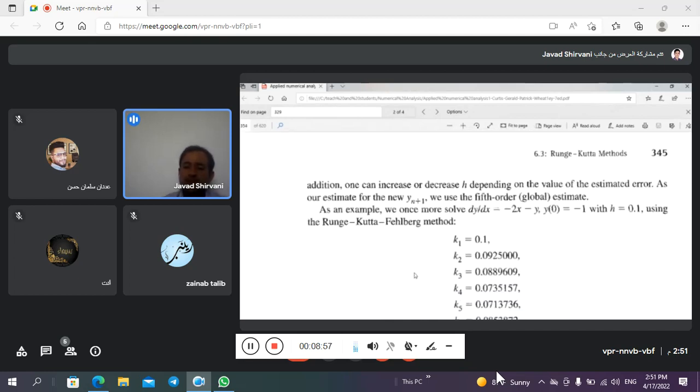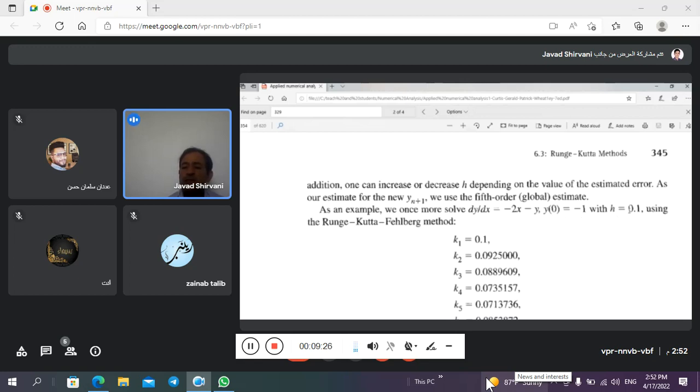We have an example which we actually had in the previous meeting for previous approaches. We must solve dy/dx equals minus 2x minus y with the initial condition y0 equals minus 1.